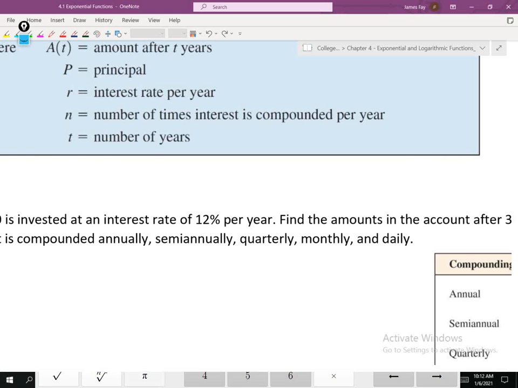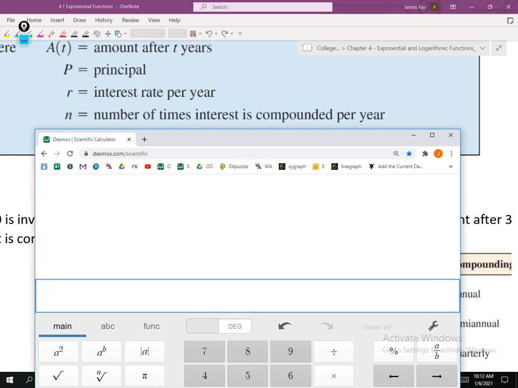But I think when the bell rang yesterday, we were demonstrating this in Desmos, and I urge you to use this because it is so much quicker to evaluate than using anything else. And it's safer because it puts things in the math print for you. Basically all you're going to do is type in your formula.